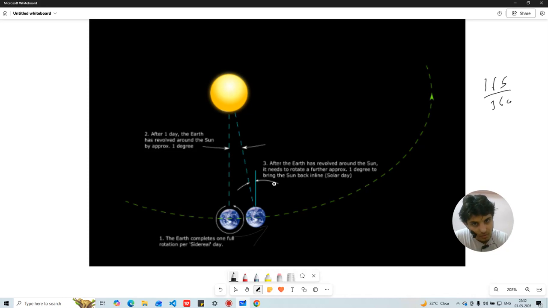Okay, now I think this is the clearest image and description. So we need to turn an extra 1 degree. Okay, that's why one solar day is 24 hours, one sidereal day is 23 hours 56 minutes 4 seconds. So the earth itself rotates on its axis in 23 hours 56 minutes and 4 seconds.